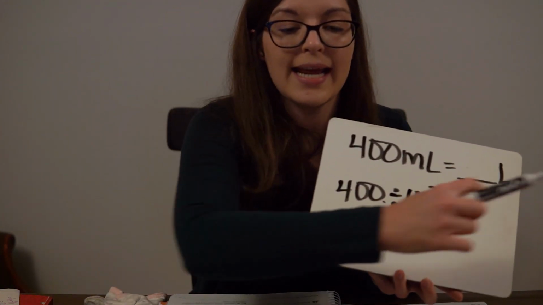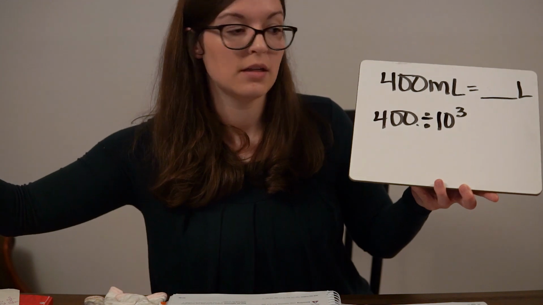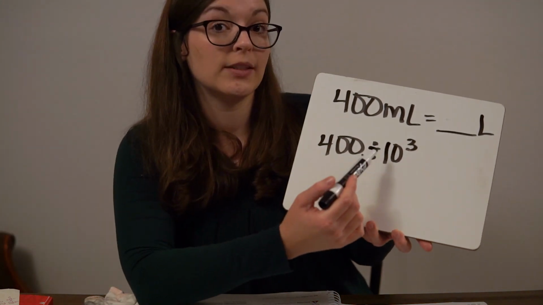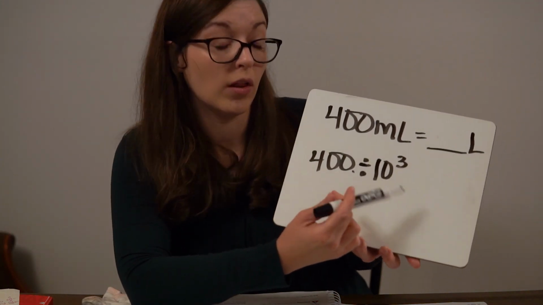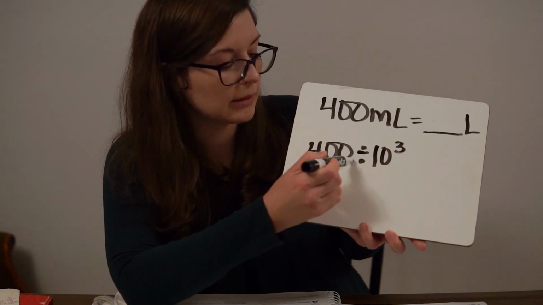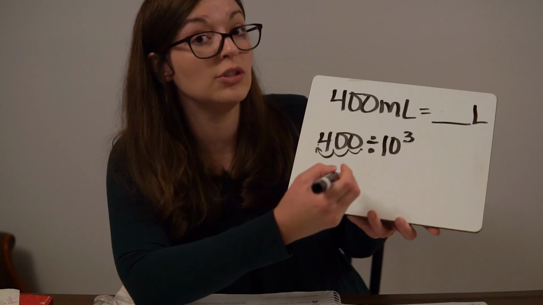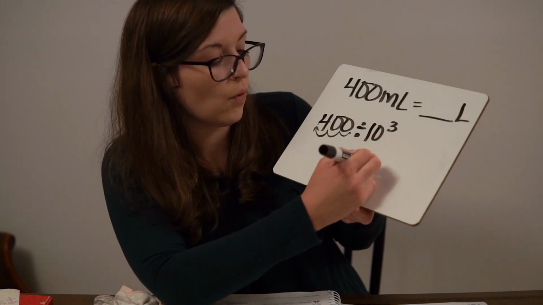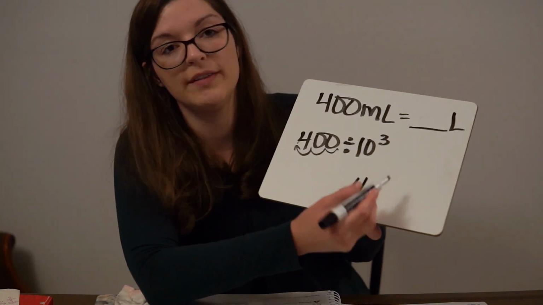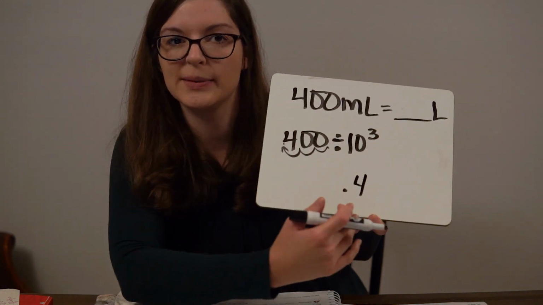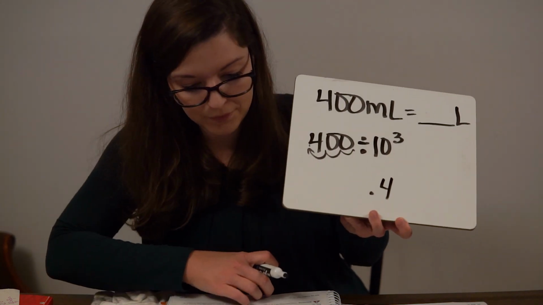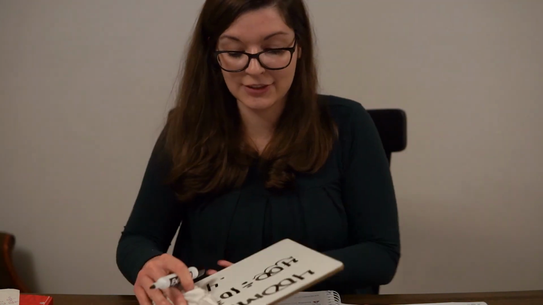If I move it to the right, the number's going to get larger, right? We're dividing, which means our number needs to get smaller, right? So we're going to go backwards with our decimal. 1, 2, 3. Again, remember, we've already learned how to do this. You know how to do this. 4 tenths, or 400 thousandths, but the zeros kind of come obsolete. We don't really need them for that. So 4 tenths liters is the answer.